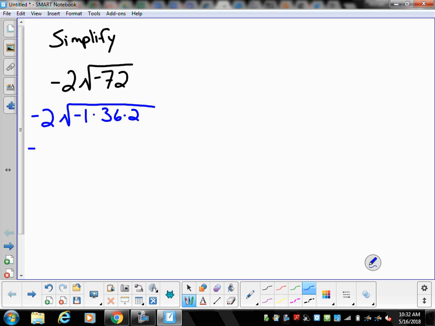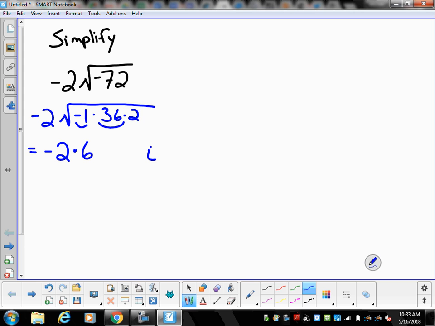Okay. All right. So remember, if you have a number next to parentheses or a square root, it's always a multiplication. Okay, and the square root of 36 is what? 6. I know the square root of -1 is i. I'm going to put it out to the side there.